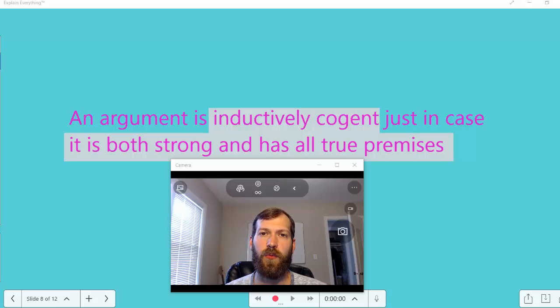All right, so we looked at when an argument is a strong argument, an inductively strong argument. Now we want to know when inductive arguments are cogent. An argument is inductively cogent just in case it is both strong and has all true premises. So again, in the same way that a sound argument has to be valid and have all true premises, a cogent argument needs to be strong.